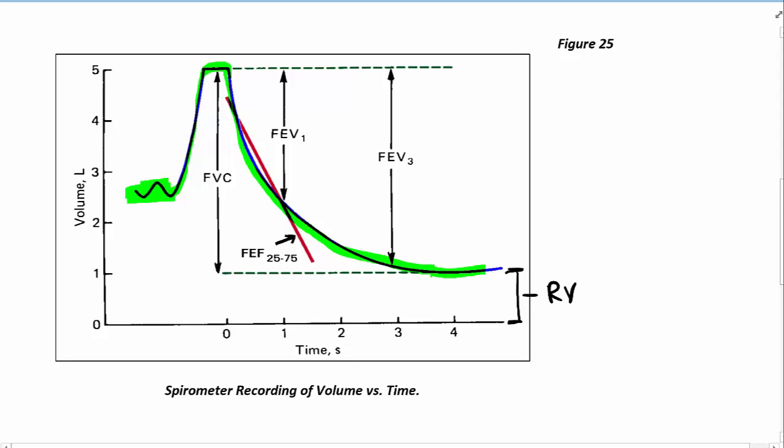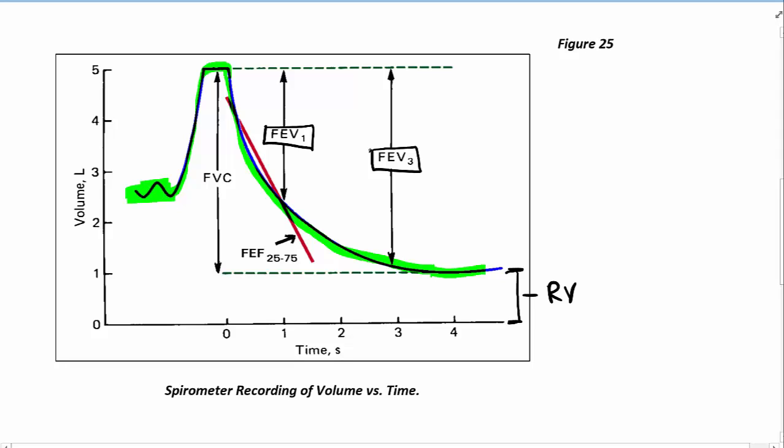So what we can do with this is divide the time that is spent exhaling into seconds. We can divide it into forced expiratory volume 1 or forced expiratory volume 3.